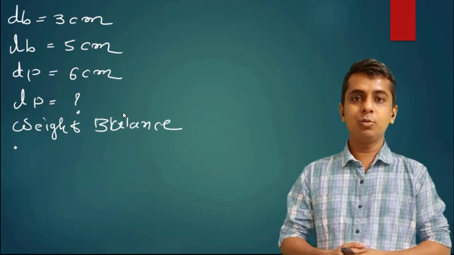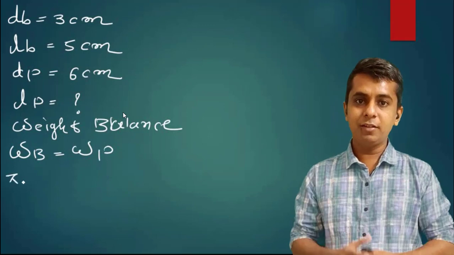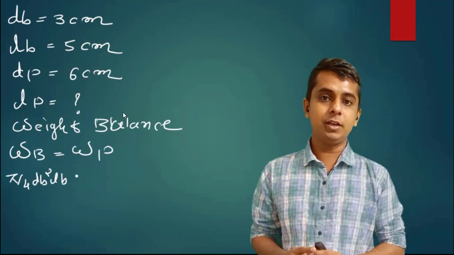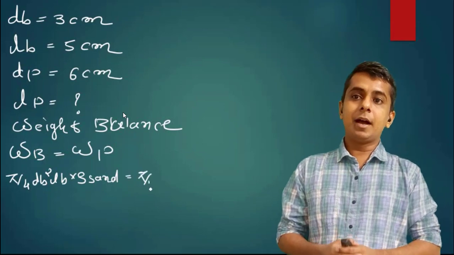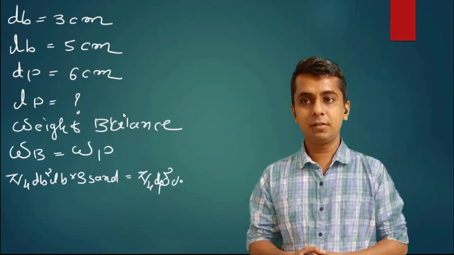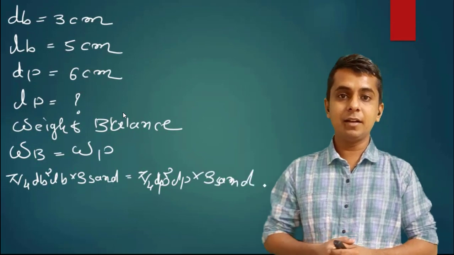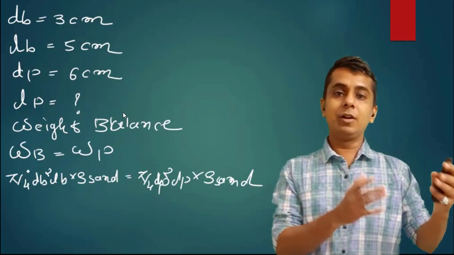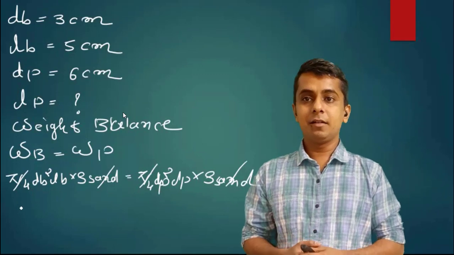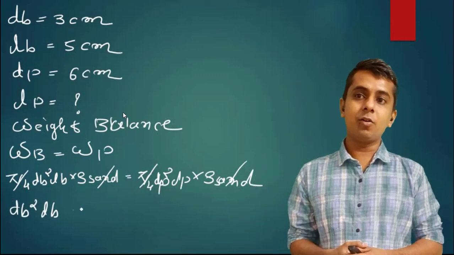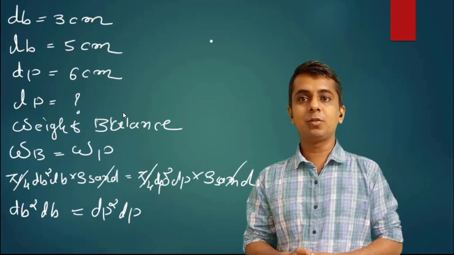First you have to consider the weight balance: the weight of the core body is equal to the weight of the core print. By relating these, pi by 4 dB square LB into rho sand equals pi by 4 dP square LP into rho sand. As rho sand is common, you get dB square LB equal to dP square LP.